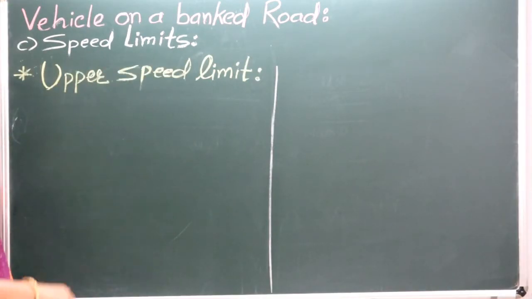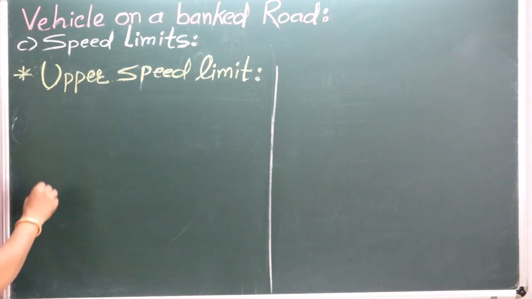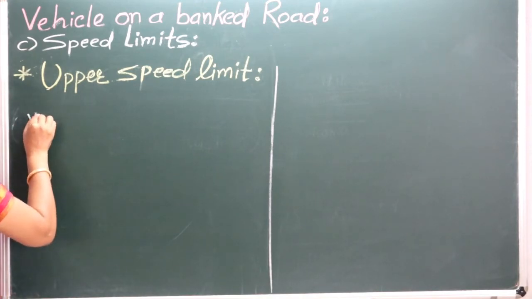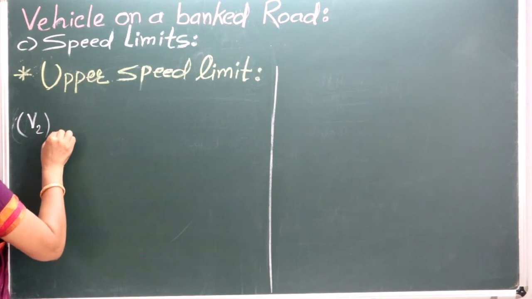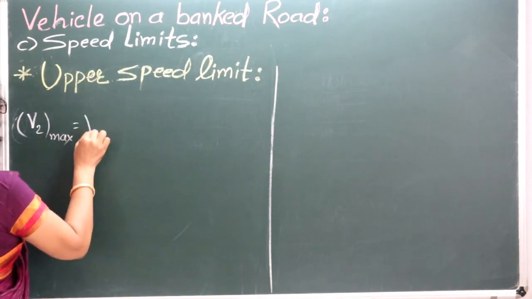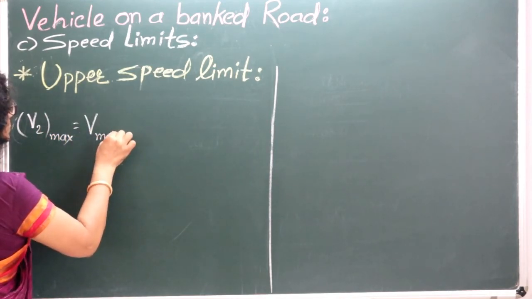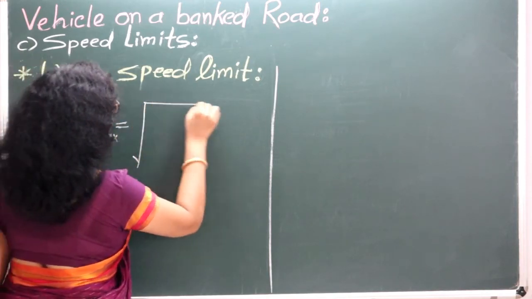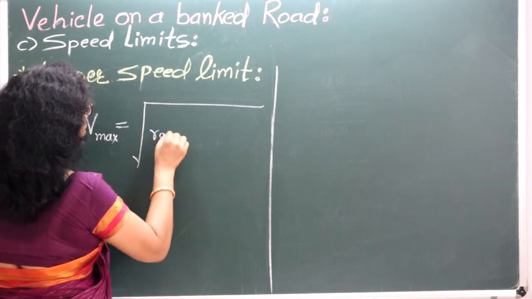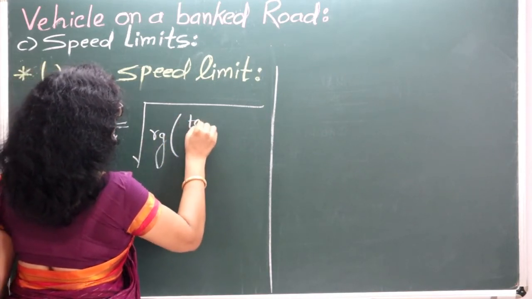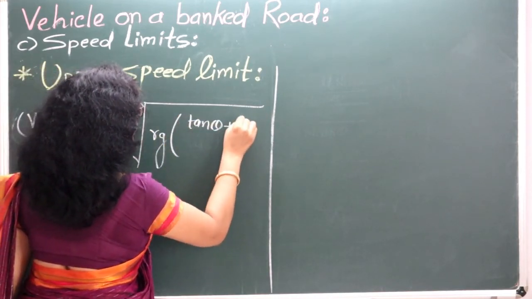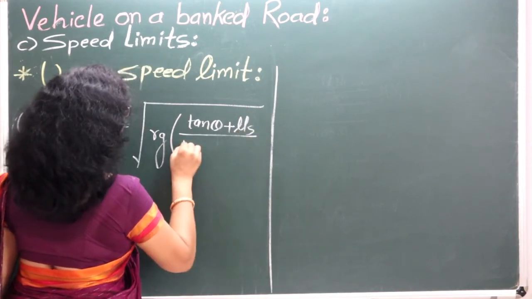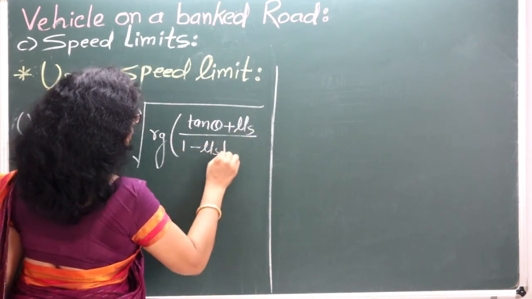For the upper speed limit, that is v2 max, v max, that is maximum speed, equal to square root of rg into tan theta plus mu s upon 1 minus mu s tan theta.